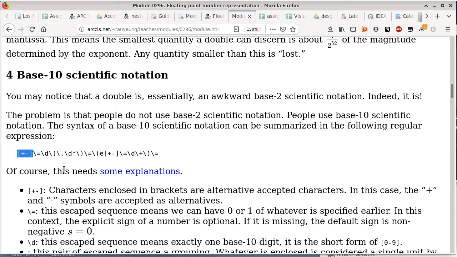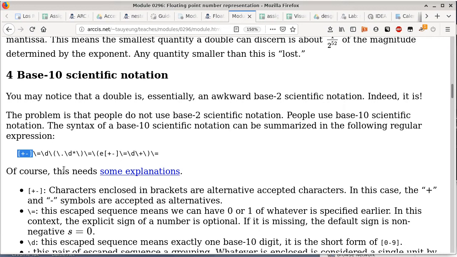The part that specifies this is optional is backslash equal to. Backslash equal to is what we call an escape sequence, which means it is not literally the characters you expect in a base 10 scientific notation. It's kind of like a flag. It's telling us whatever is immediately before can occur 0 or 1 time.